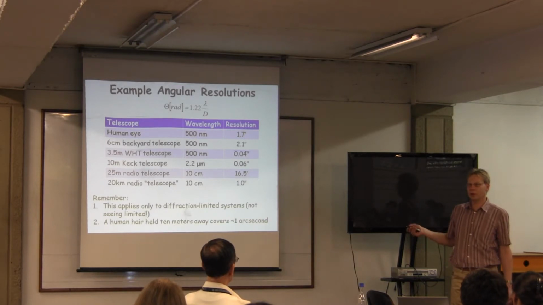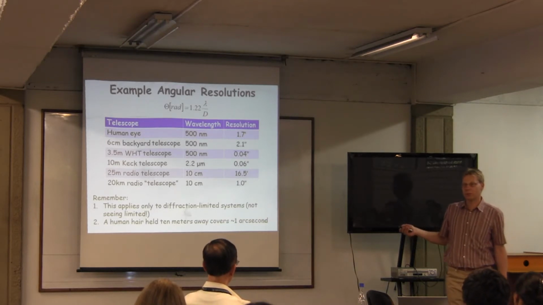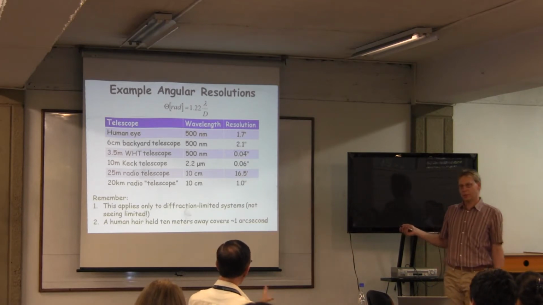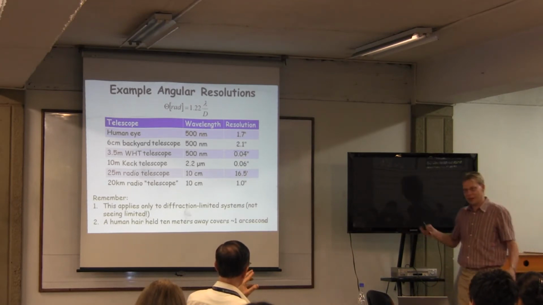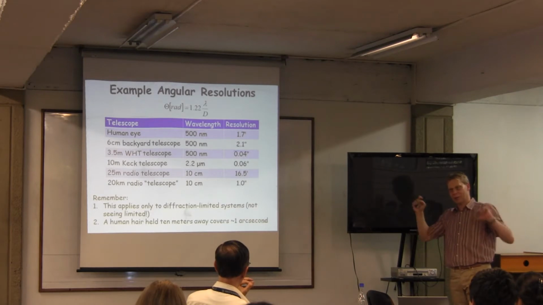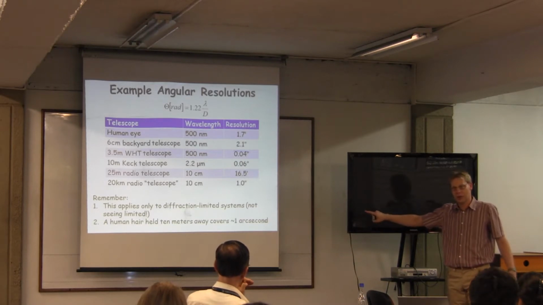So we have a factor of 100,000 in wavelength. So then the size over which the turbulent atmosphere can be considered non-turbulent is huge, much larger than your telescope. And so it doesn't matter.